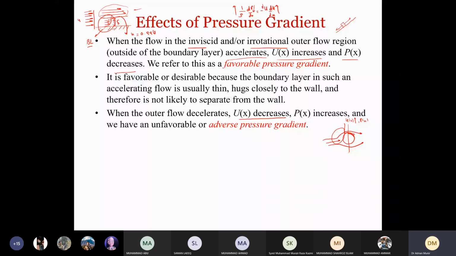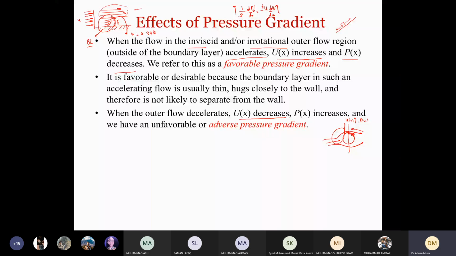So when the pressure here increases and the pressure here is less, there will be a net flow from high pressure to low pressure. That is why we have backflow in this case, and because of that backflow we have flow separation. So adverse pressure gradient is responsible for flow separation. We will also see in detail in the coming slides how this happens.